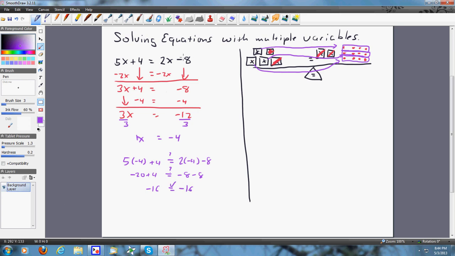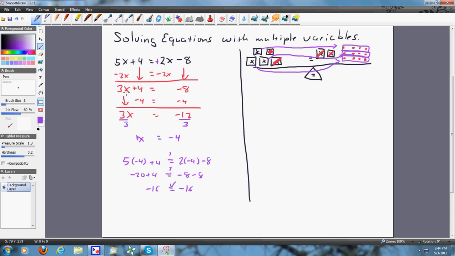That's solving equations with multiple variables. I'm going to review quickly. I moved the smaller x over by subtracting, or I should say adding the opposite. It was positive, so I added negatives to both sides. I'm left with this.